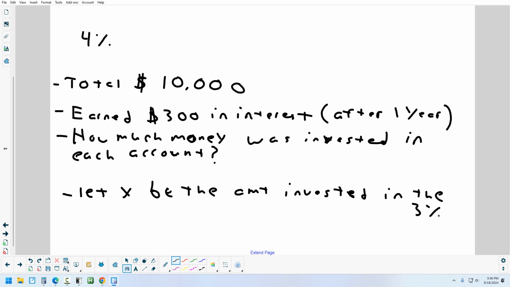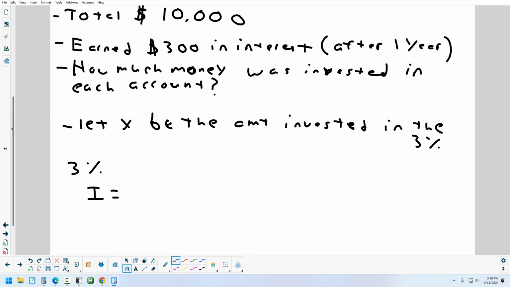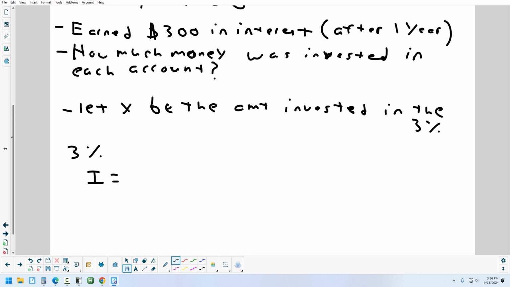So what we have to do is figure out how much interest we make in each account and then the total. So let's start with the 3%. What's the amount of money that we are investing in the 3% account? We could just put X for that. X, yep. That's the principal.